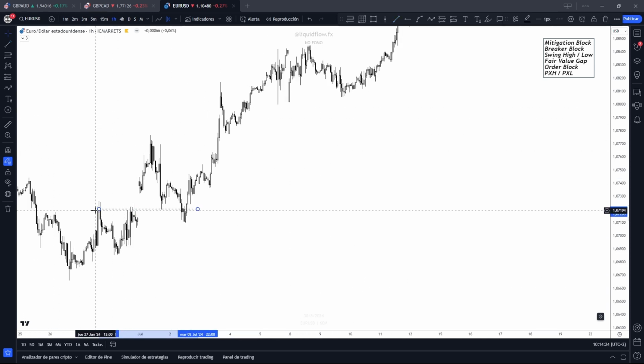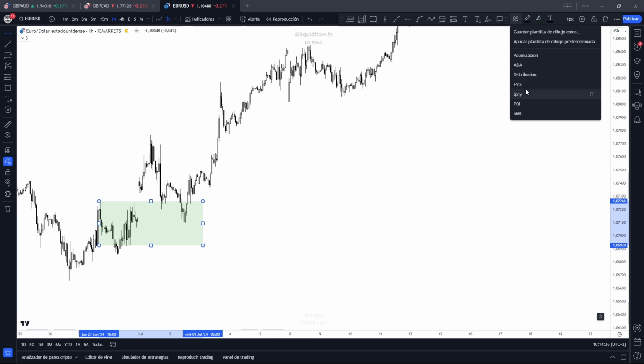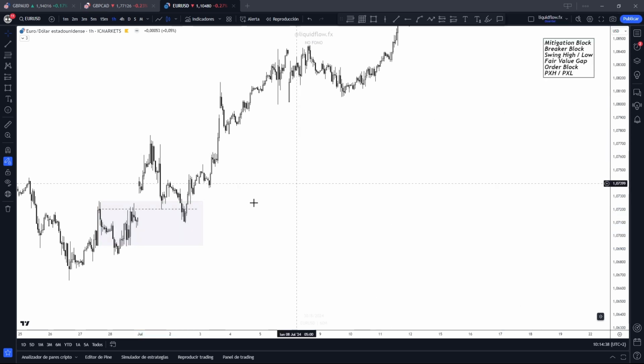We will use this swing high or the last candle, in this case this one, for our mitigation block. So here we have this candle as our mitigation block.